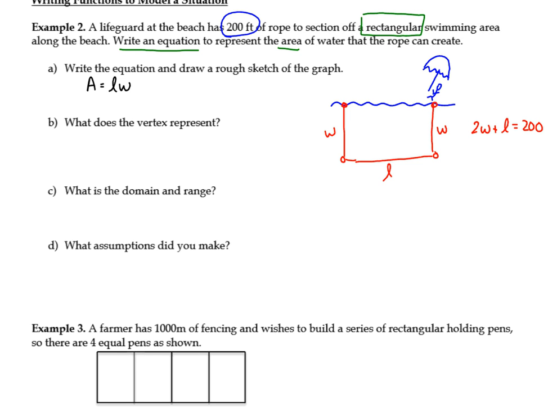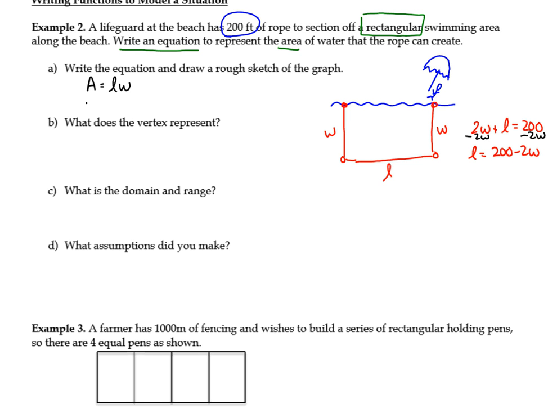How do we get L by itself? Subtract 2W from both sides. So let's move the 2W to the other side by subtracting it. Just subtracted 2W from both sides is what we did. Right? So now, can we change our area formula?